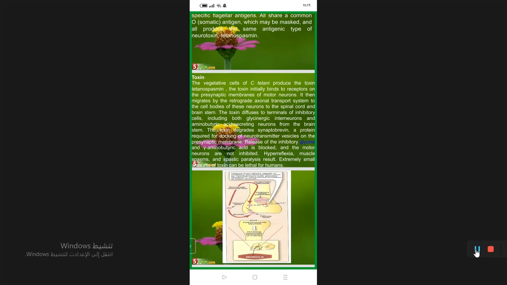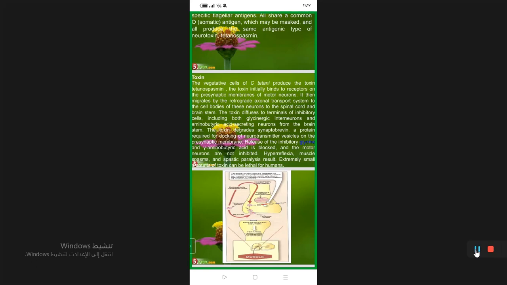The toxin diffuses to terminals of inhibitory cells, including glycinergic interneurons and gamma-aminobutyric acid secreting neurons. From the brainstem, the toxin degrades synaptobrevin, a protein required for docking of neurotransmitter vesicles on the presynaptic membrane. Release of the inhibitory glycine and gamma-aminobutyric acid is blocked, and the motor neurons are not inhibited and remain contracted.